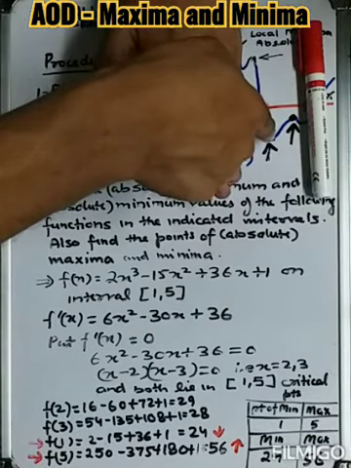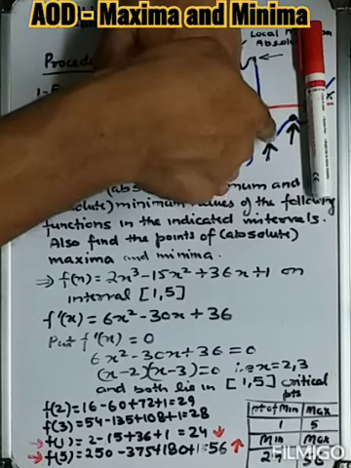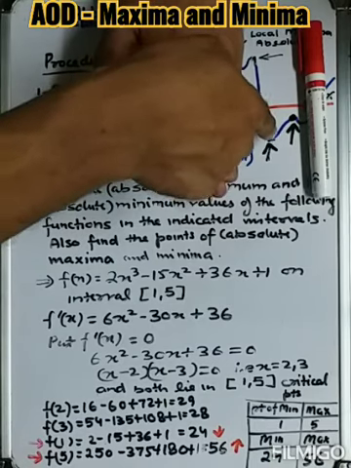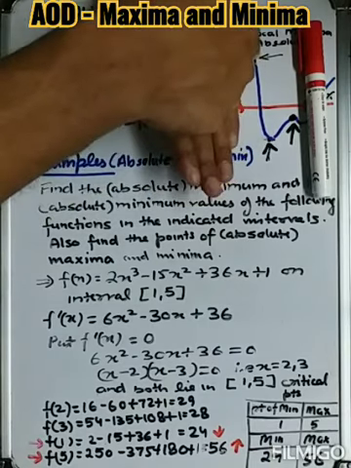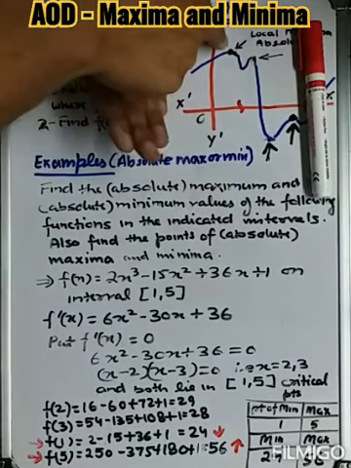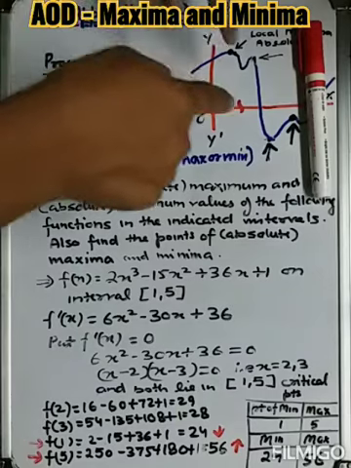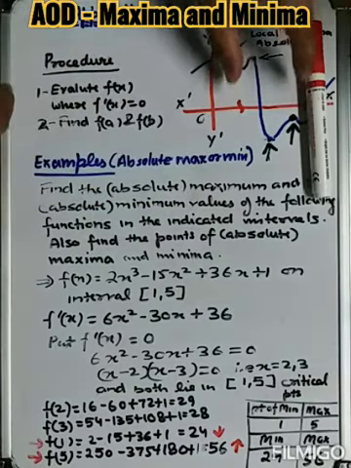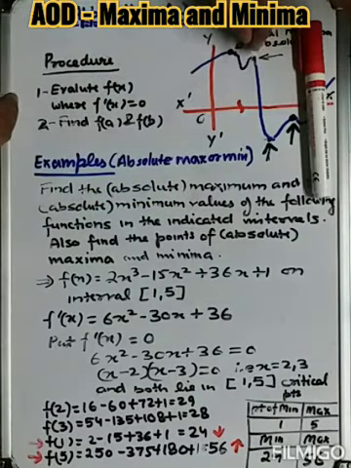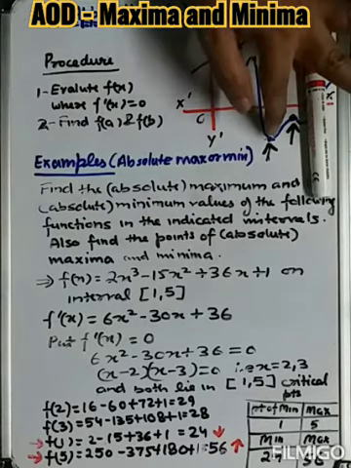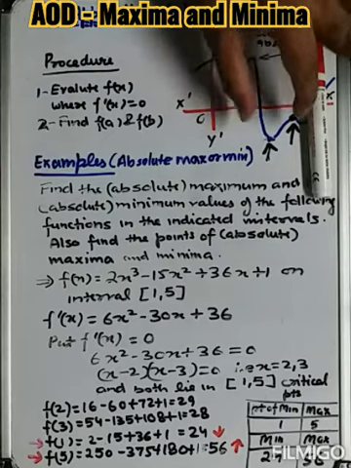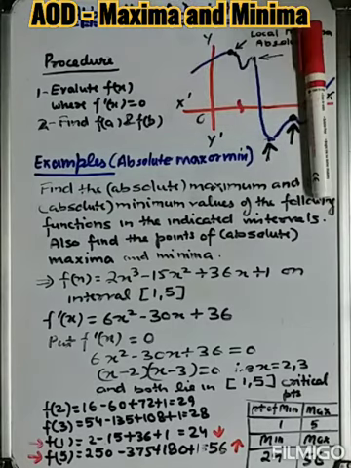Though this is also the absolute minima, it also becomes the local minima, and this is local maxima, but originally this is the absolute maxima. So from this position to this position, whatever is the highest position is the local maxima, and whatever is the lowest position in that range is the local minima.